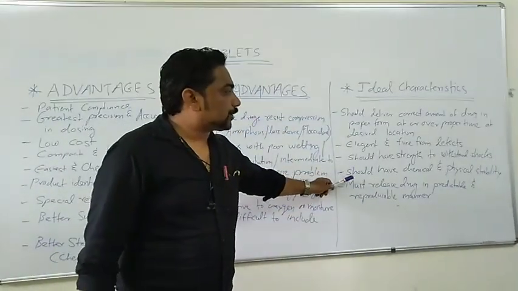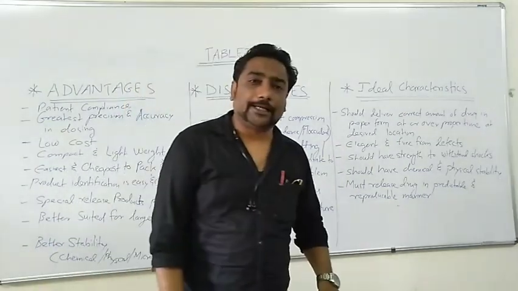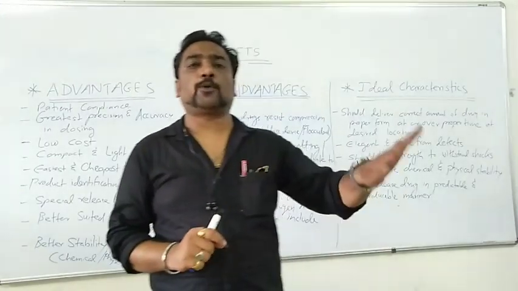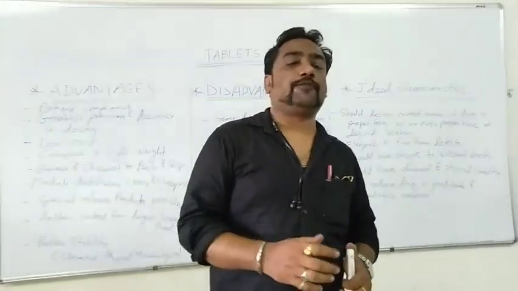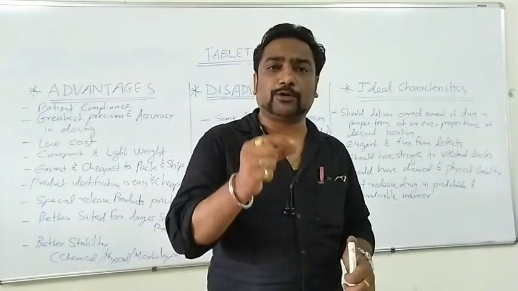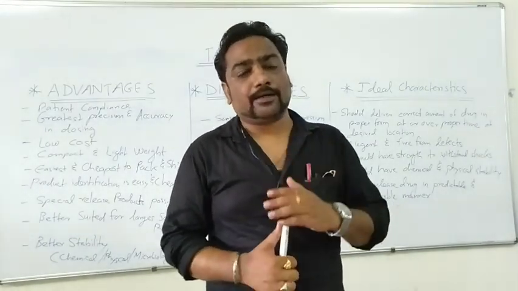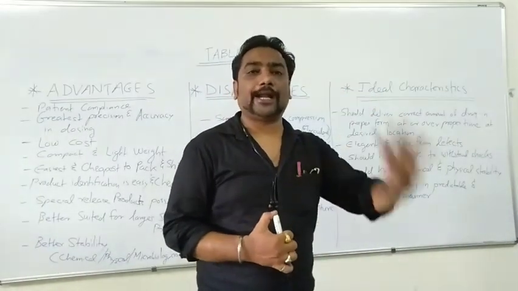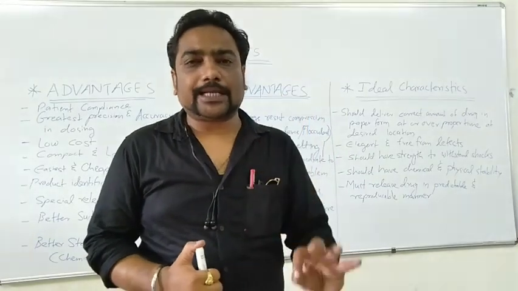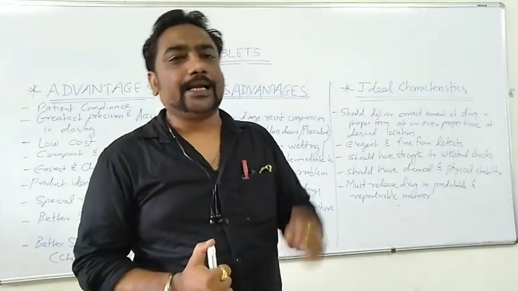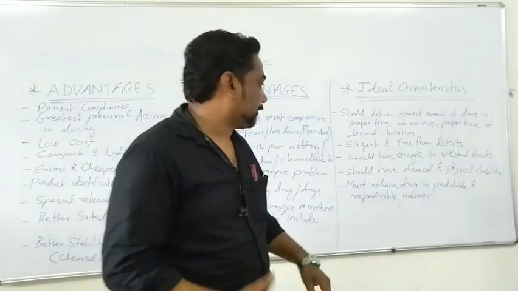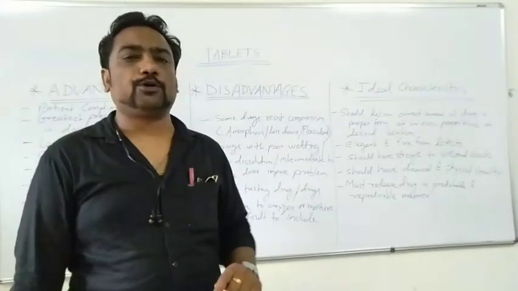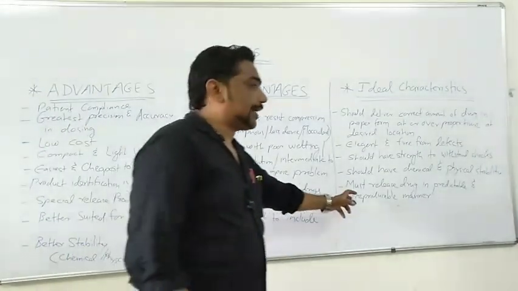Then it should have chemical and physical stability. The chemical nature of the active pharmaceutical ingredient should be protected, and the physical form of the tablet dosage form should be maintained throughout its handling and storage until administration. So it must have chemical and physical stability until consumption by a patient. It must also release the drug in a predictable and reproducible manner. This is also a very important ideal characteristic.